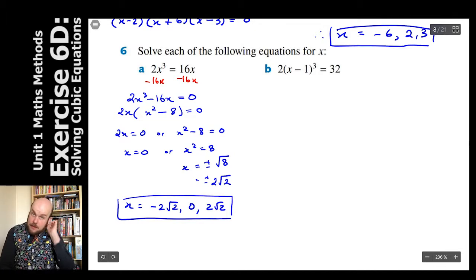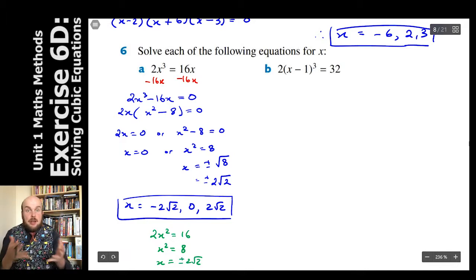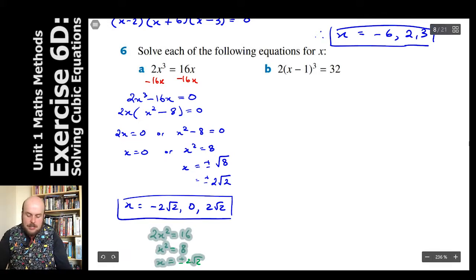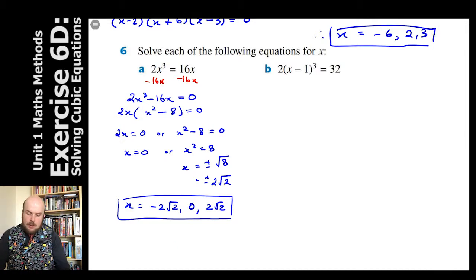Now, had we cancelled the x's, you would have got 2x squared equals 16, you got x squared equals 8, you would have x equals plus or minus 2 root 2, and there you go, your 0 solution disappears as well. So that's why it is so important not to cancel out the x's, and so you've got all 3 solutions written there.